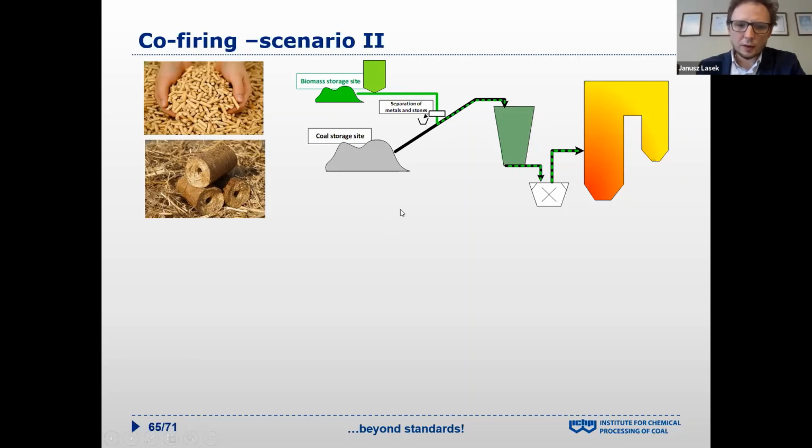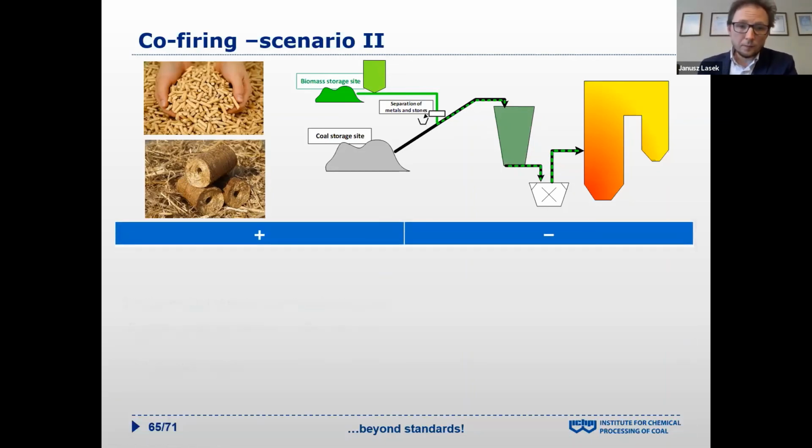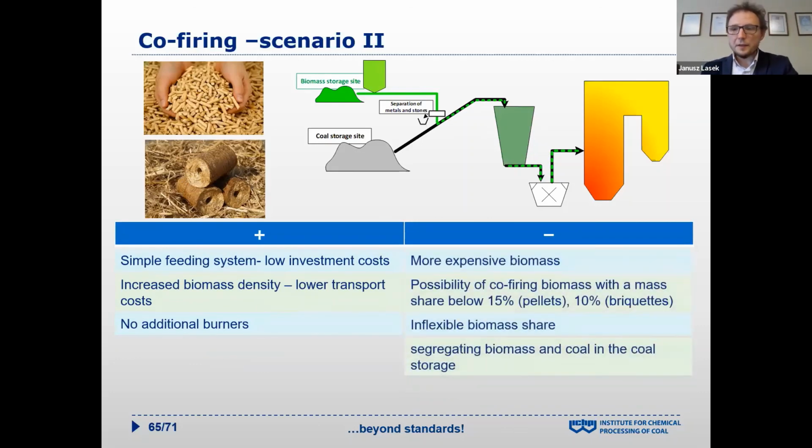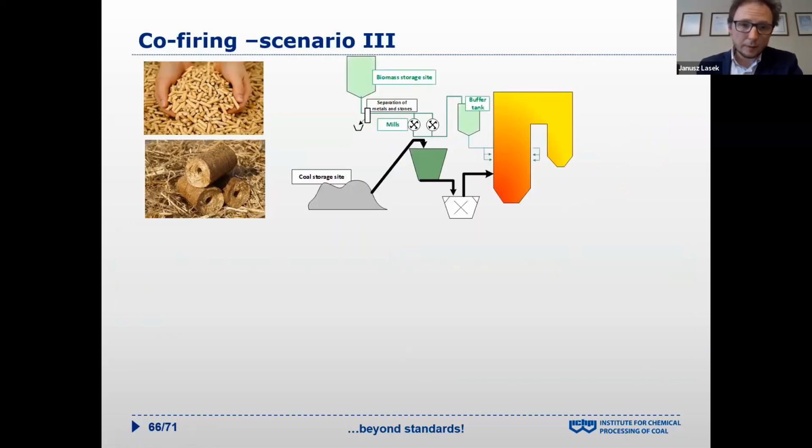This solution doesn't require very specific investments. However, the main disadvantage is that we cannot fully control the biomass stream. If we add the biomass into the tank, we have to use all the biomass that was already filled in this tank. But as I said, it's a very simple solution and the simplest way for a power plant.